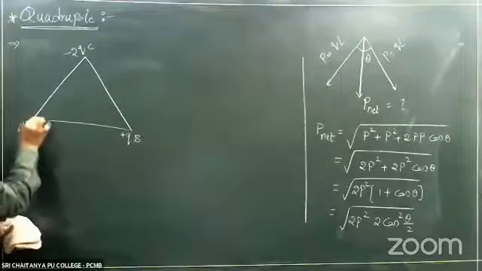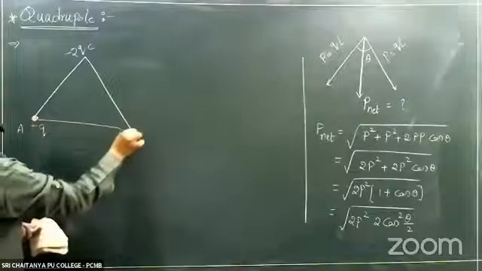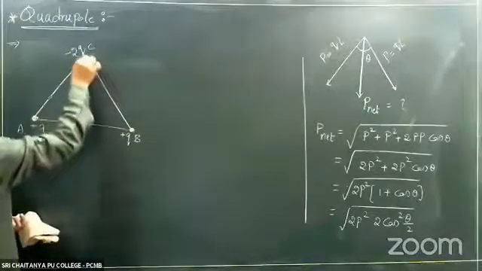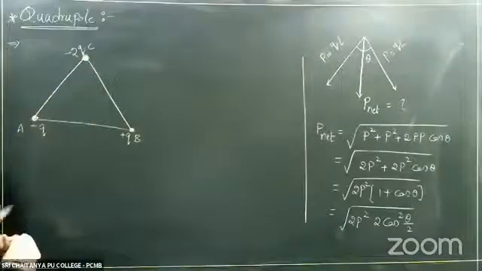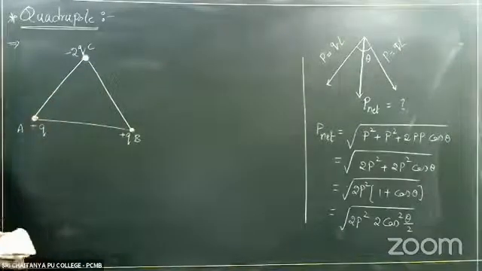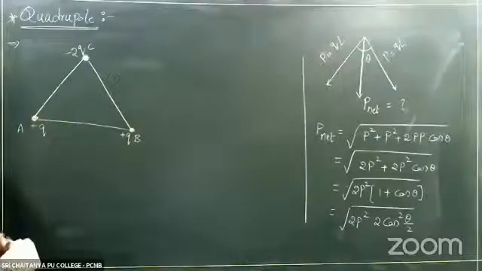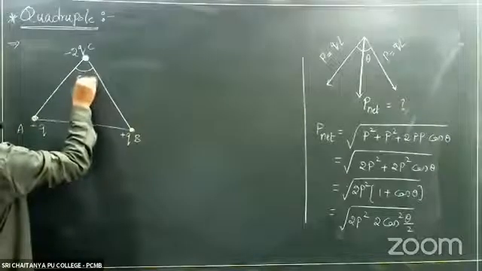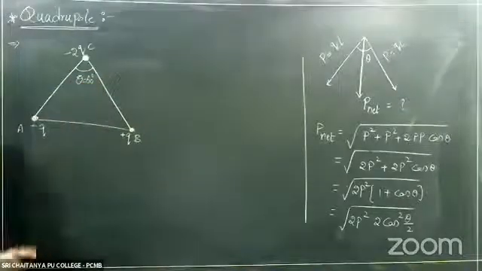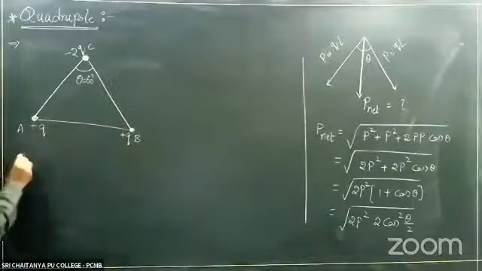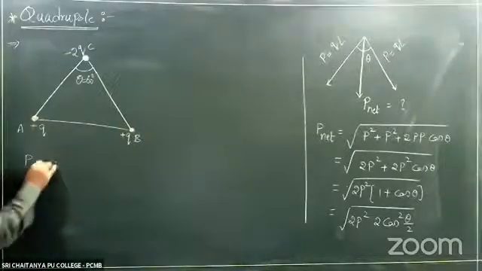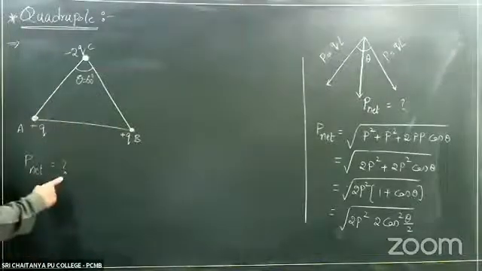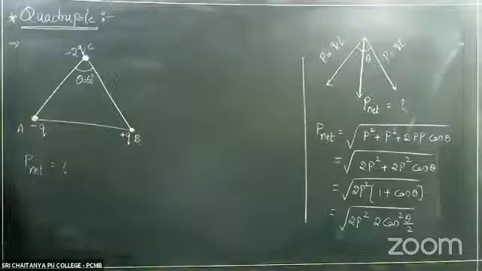Here is plus q, here is plus q, and there is minus 2q. Once they said equilateral triangle, immediately we know this angle theta is 60. Clear? The question asked is, what is the net dipole moment of this configuration?